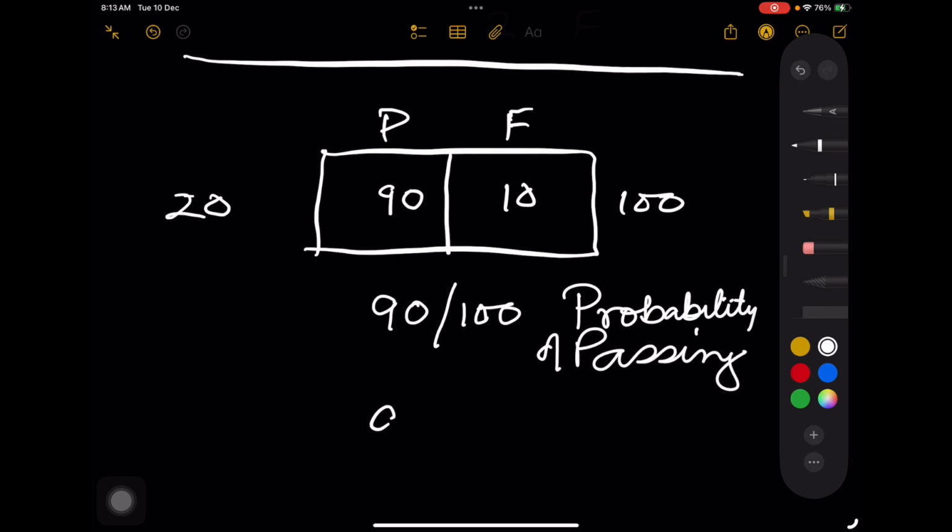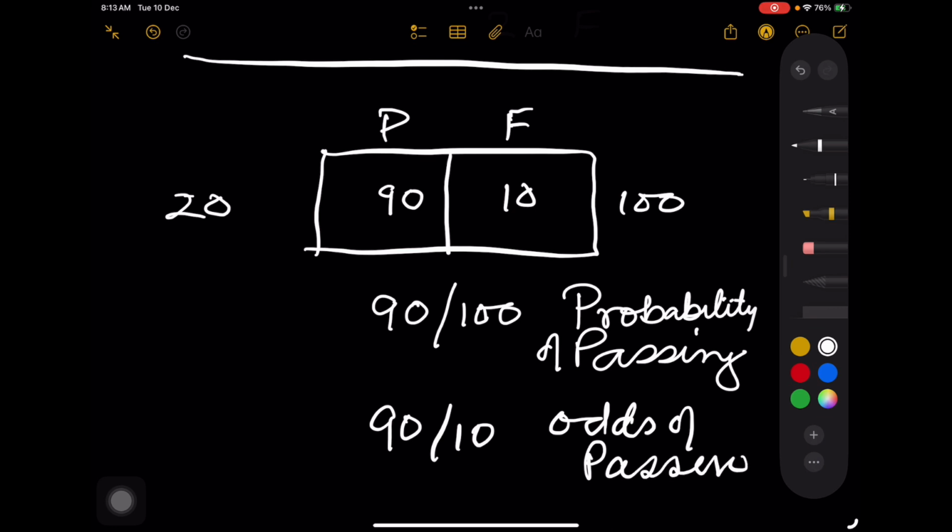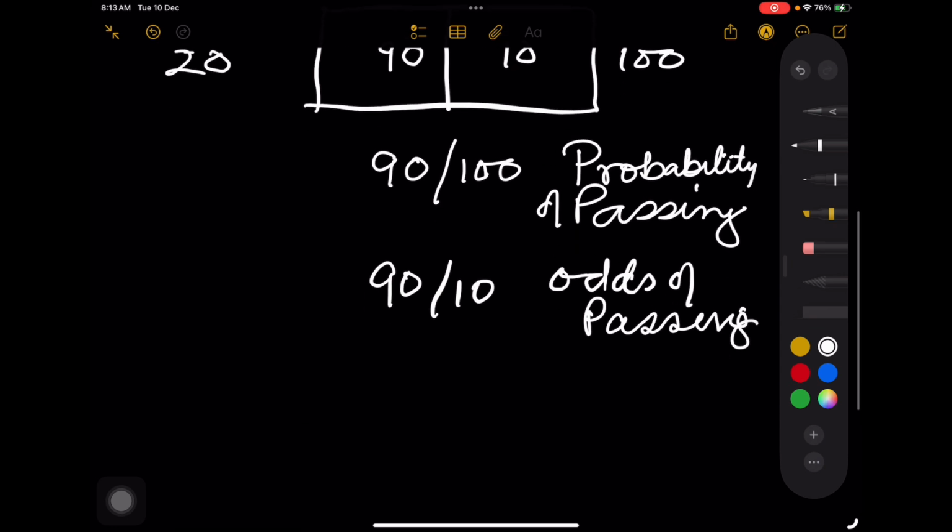But 90 upon 10 is the odds of passing. So there are two ways to express this situation. One is probability and the other is odds.